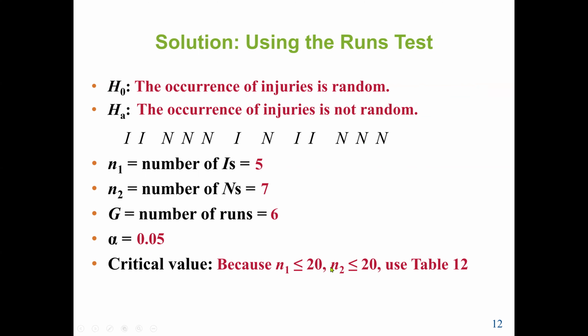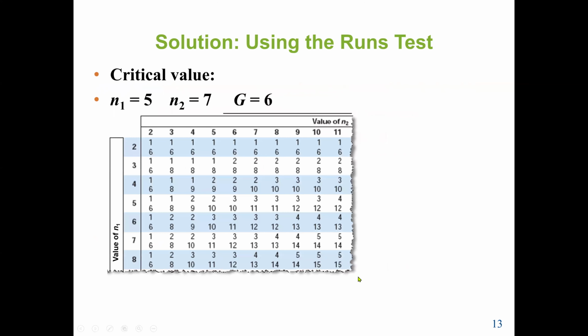If N1 and N2 are greater than 20, then we use the z-test, standard normal. So here we go to the table. N1 will be the row, so N1 is 5, we go to the 5th row. N2 is 7, so we have our critical values 3 to 11. The lower limit is 3, the upper limit is 11.